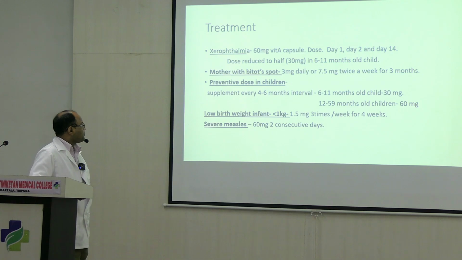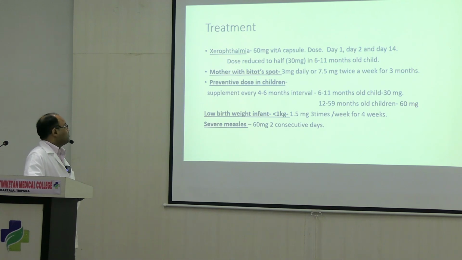Okay, read this treatment. I have taken it from Harrison. Preventive dose in children: supplement every 4 to 6 month interval. For 6 to 11 month old children, 30 milligram, and for 12 to 15 month old children, 60 milligram.